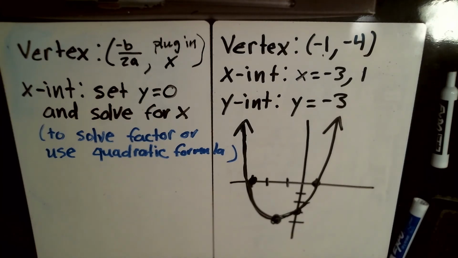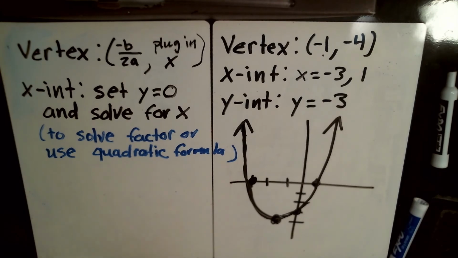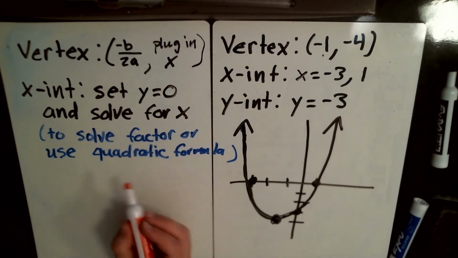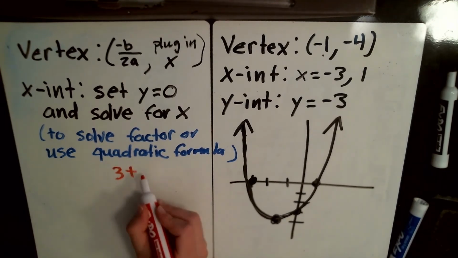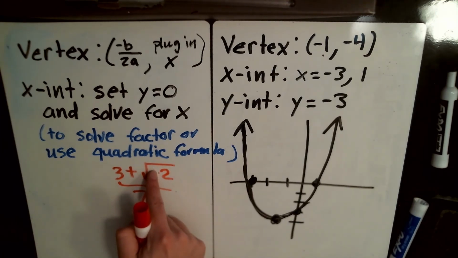Also, if you did the quadratic formula and you got something like 3 plus the square root of -2 over 7, or something along those lines, well, this is a square root of a negative number, so it's an imaginary number.